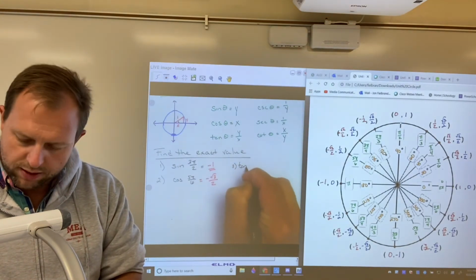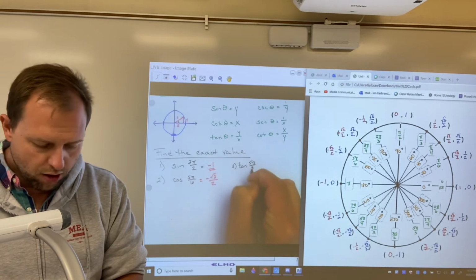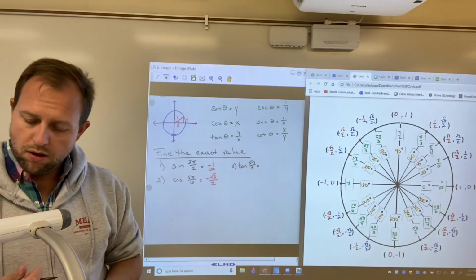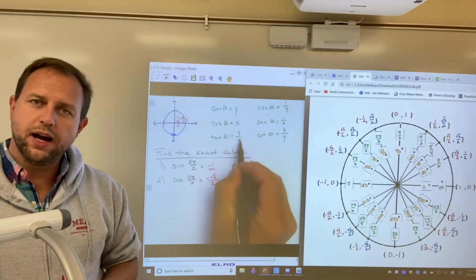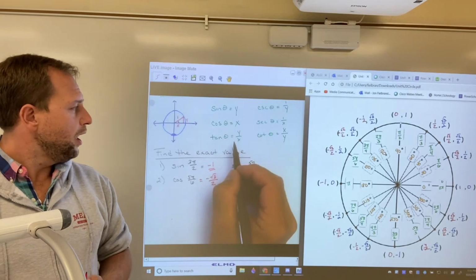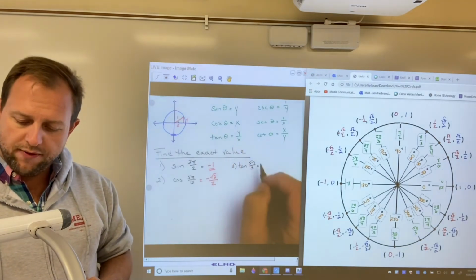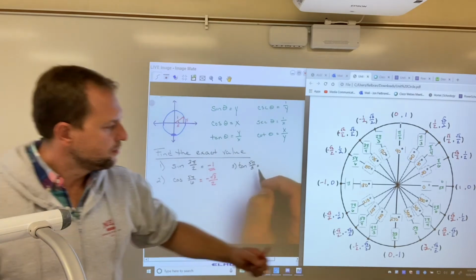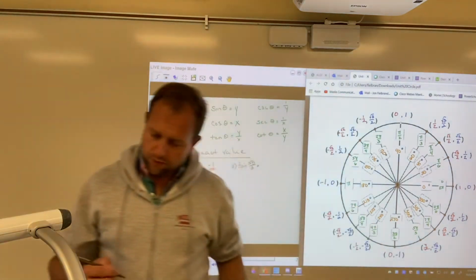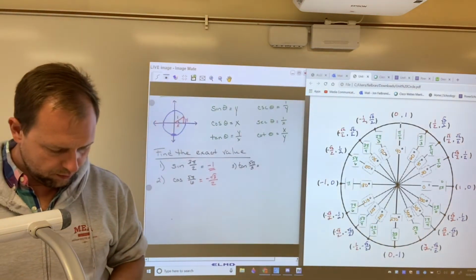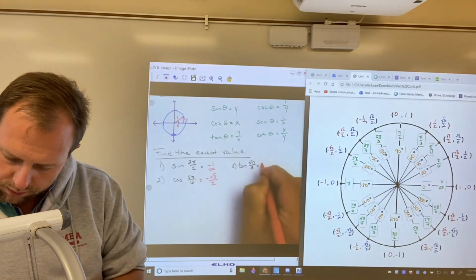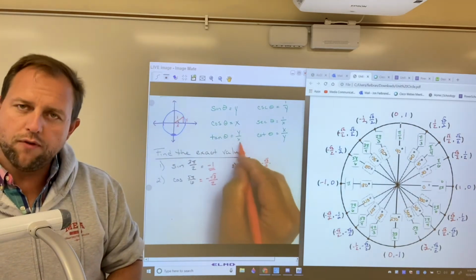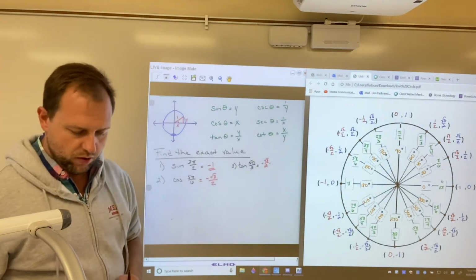For the tangent of 5 pi over 3, we're going to need to divide the y value by the x value. Well, that's the same as taking the y value for tangent of 5 pi over 3, which is negative √3 over 2, and multiplying it by 1 over the x value, or flipping the x value, because we want the denominator.